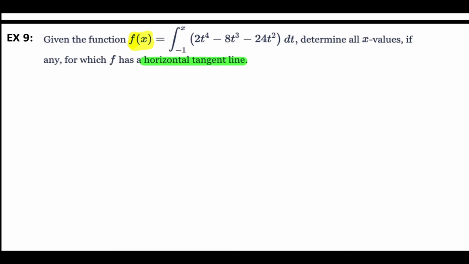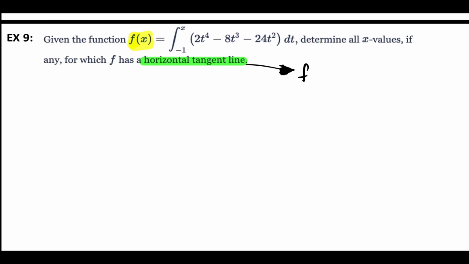They haven't asked us for a horizontal tangent line yet. But we know how to do that, right? When are we going to have a horizontal tangent line? Say it louder.